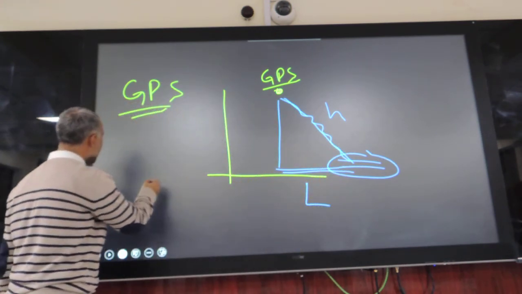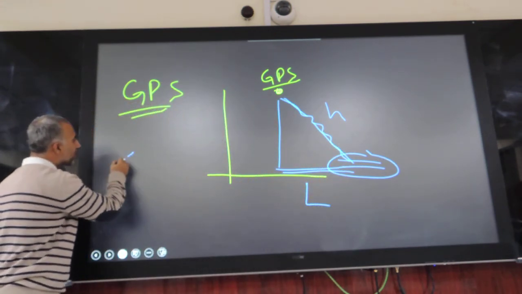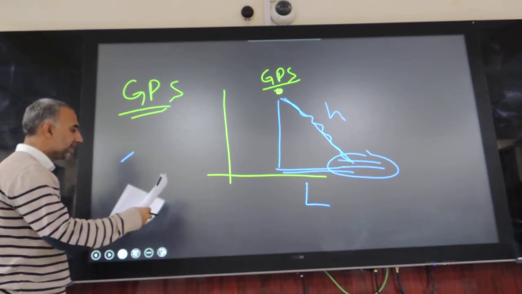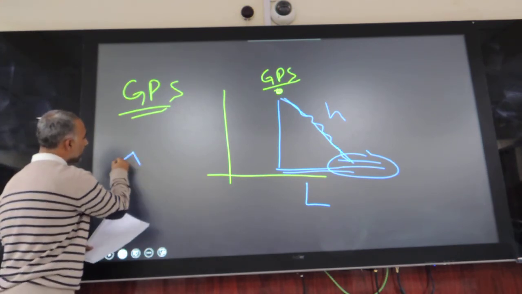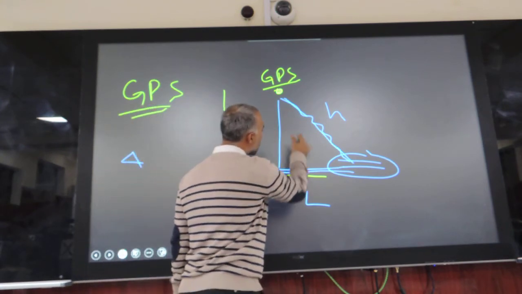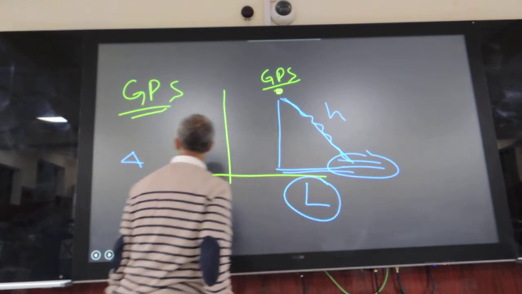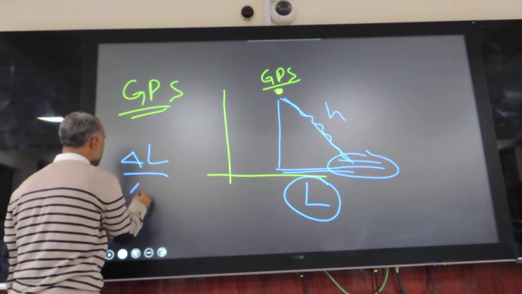But the aircraft is observing this information, and of course there is a ratio, as I told you in early days. For landing purposes the aircraft must know about L, but there is a ratio.